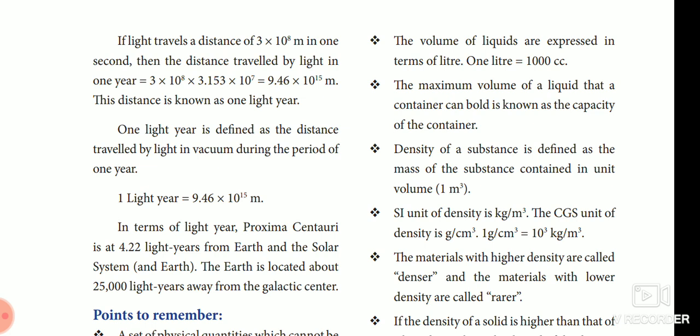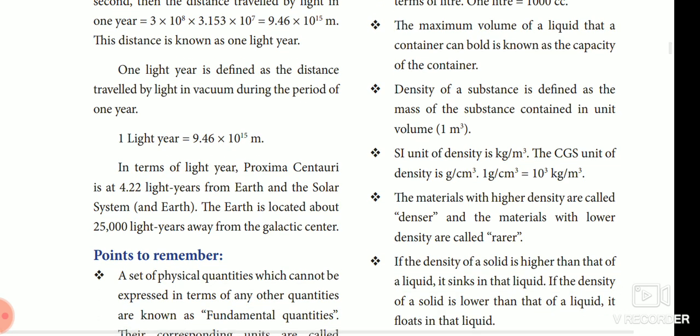So the answer is 9.46 into 10 power 15 meter. This is 1 light year. இதுதான் ஒரு ஒளி ஆண்டு. ஒளி ஆண்டு என்பது ஒளியானது வெற்றிடத்தில் ஒரு ஆண்டில் கடக்கக்கூடிய தொலைவு. So that is 9.46 into 10 power 15 meter.